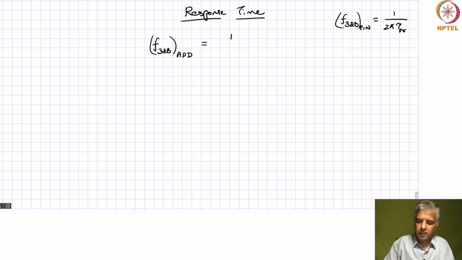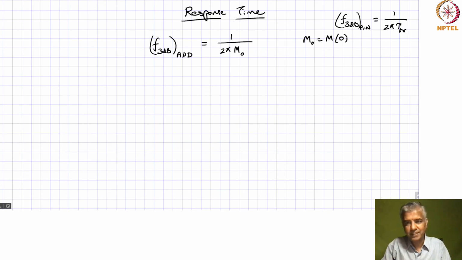You will find this dealt with in a little more detail, but it corresponds to 1 over 2 pi multiplied by this value of m, and I would actually denote it as m naught. So what do I mean by m naught? M naught is basically the gain at 0 frequency, at DC.